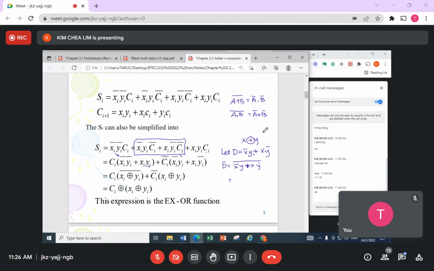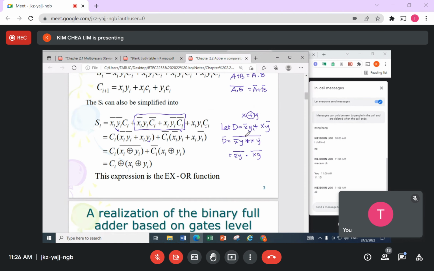Now I'm going to apply De Morgan's theorem here, get rid of this one. Alright, then you have this. Okay, not good enough. I need to apply De Morgan's theorem one more time on this. Then you find that I have x double bar plus y bar.